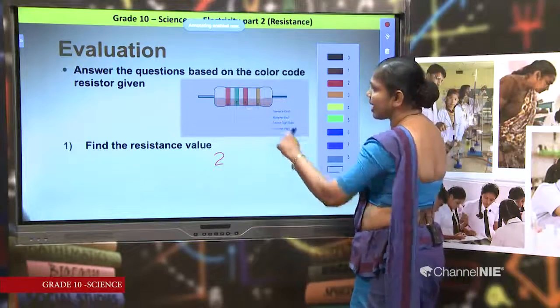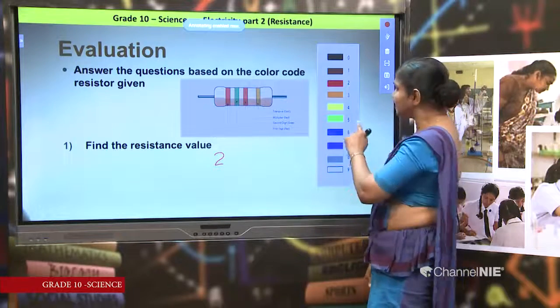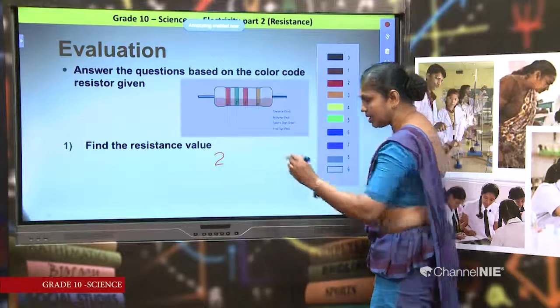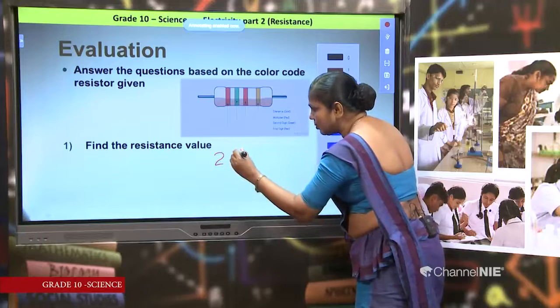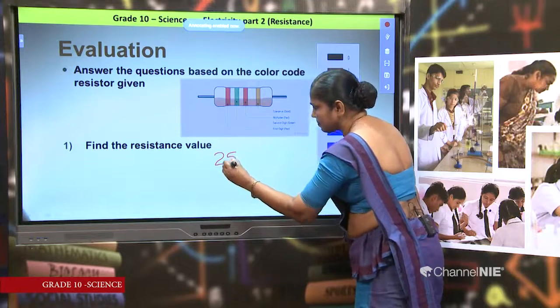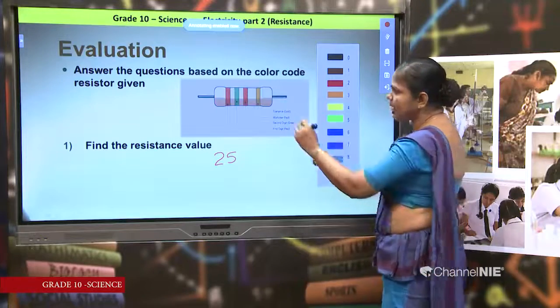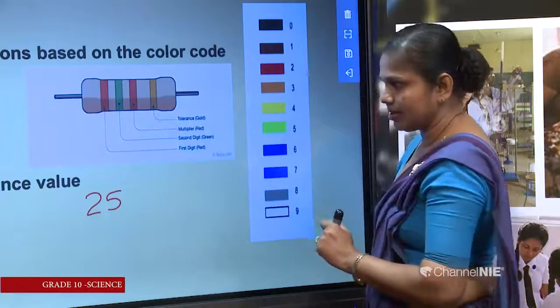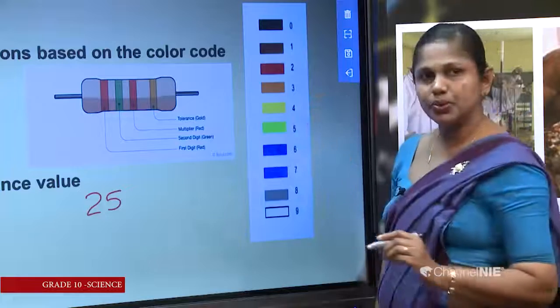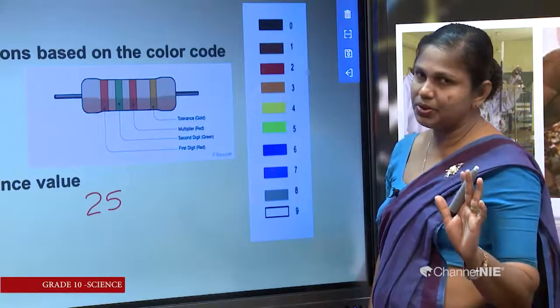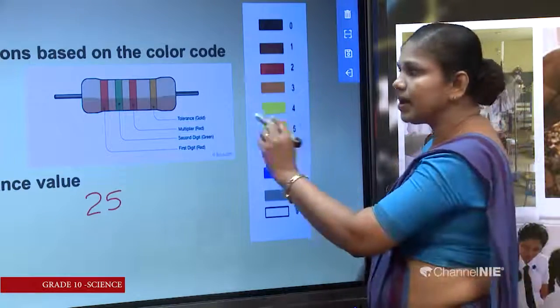Then the second band is green. What's the code number relevant to green? 5. Here after 2 we have to write 5. Then get the third band. The third band is also red. What's the code number? 2. Don't worry, children. Code numbers are given to you.